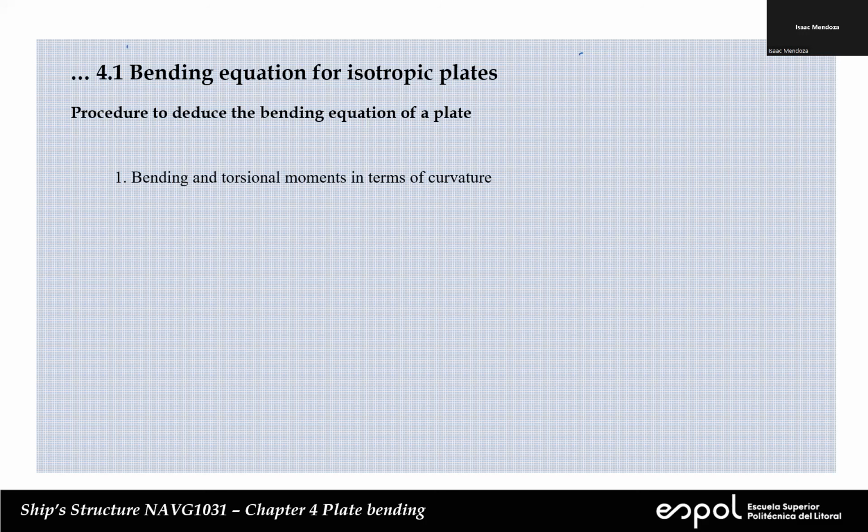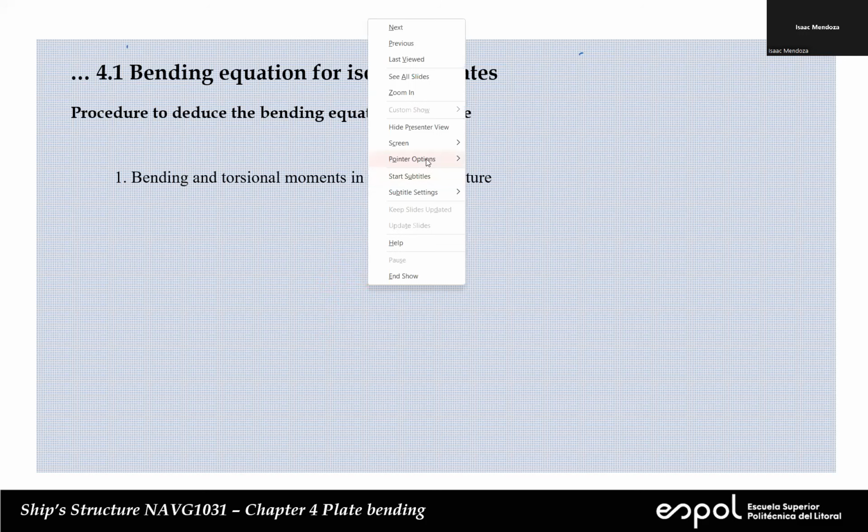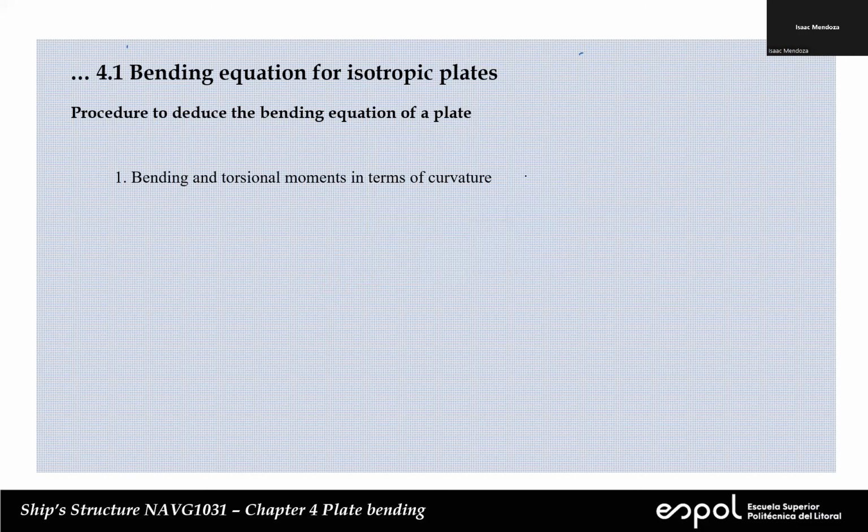You remember when we did this in the case of the beam, we used the kinematic hypothesis. We're going to do something similar in this chapter. We're going to accept that if you have a thickness like this, and it bends, this section just rotates.